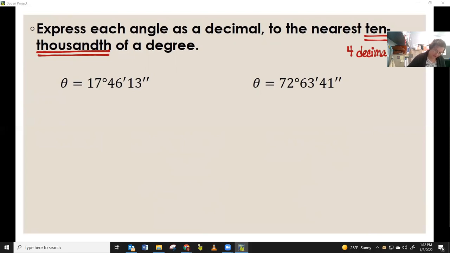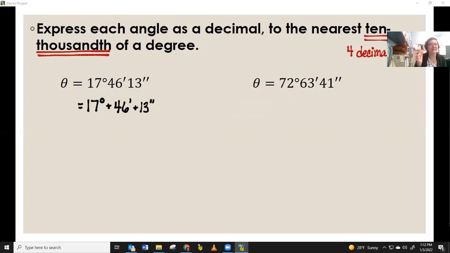Okay, so another way to think about these, rather than 17 degrees, 46 minutes, 13 seconds, I have 17 degrees plus 46 minutes plus 13 seconds. If I want to change it from seconds back into minutes, what operation would I use?